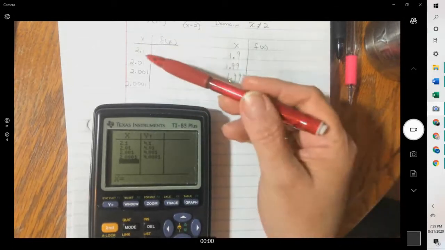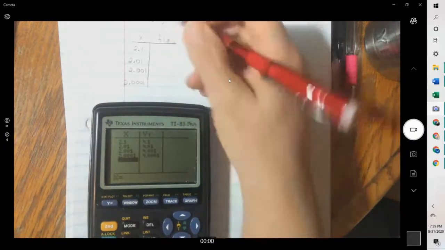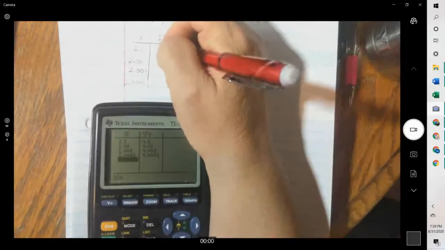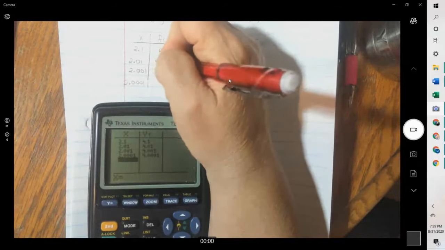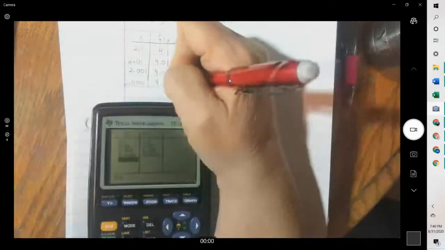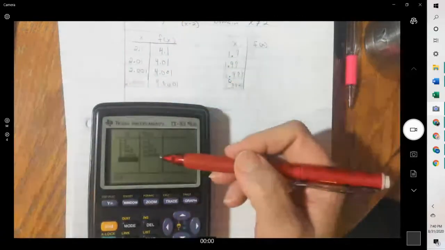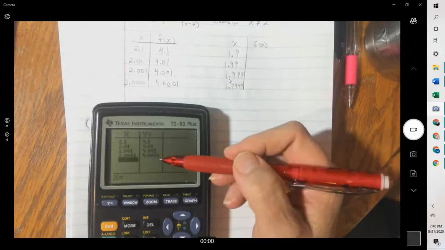Notice the closer and closer I get to 2, this value is getting closer and closer to 4.